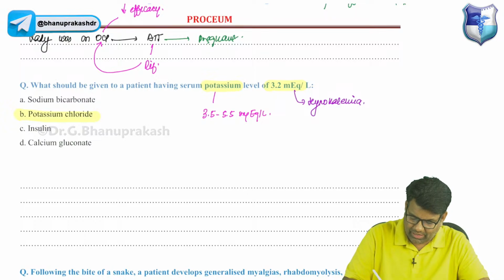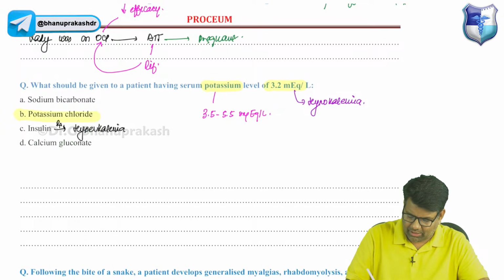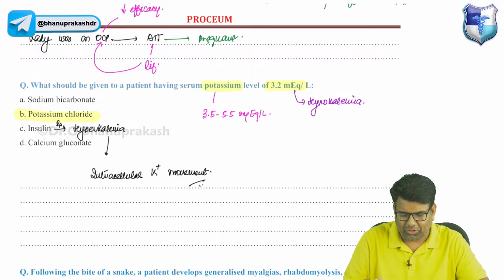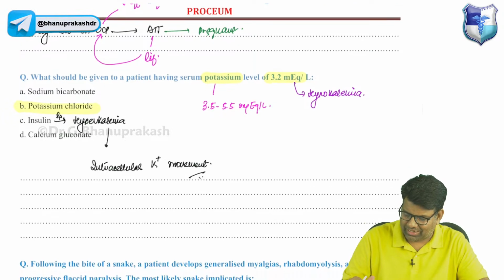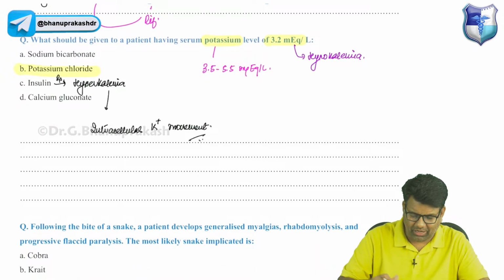Insulin has to be given in hyperkalemia. Please remember, this is given in hyperkalemia because it promotes the intracellular movement of potassium. Wherever the potassium is lying outside, it will push it back in. No problem. It happens. Let's make sure that you don't repeat the mistake. Hypokalemia, give potassium.